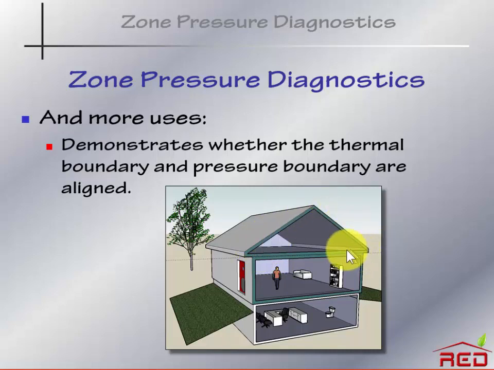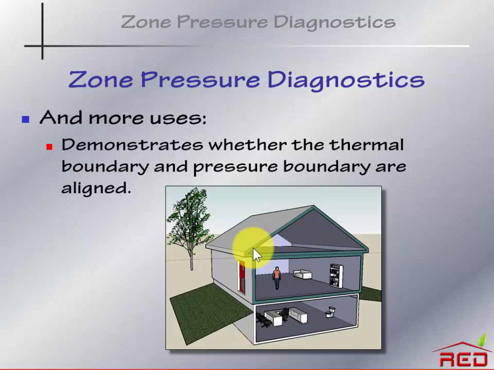So if this is the better pressure boundary and we have the thermal insulation installed here, that means that the thermal and the pressure boundaries are aligned. If we install the insulation here, but then this is the better of the two pressure boundaries, that would mean that the thermal boundary and the pressure boundary are not aligned, and that is not a good thing.